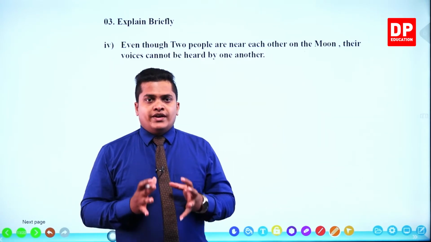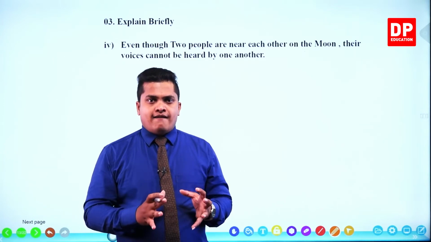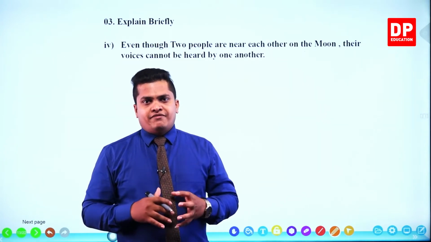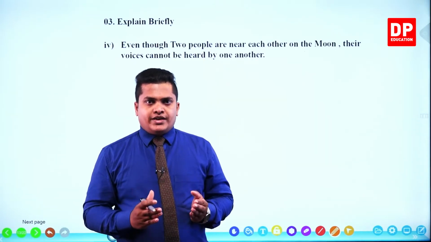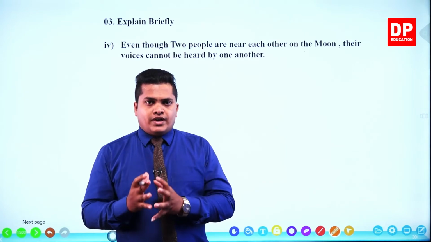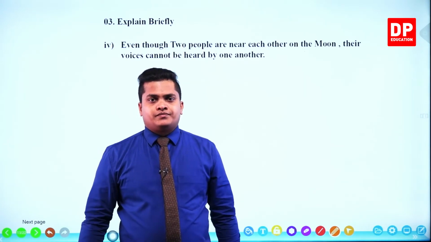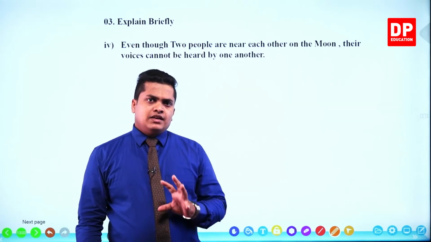So therefore, it is important to have communication devices or headphones when communicating from one person to another on the moon.